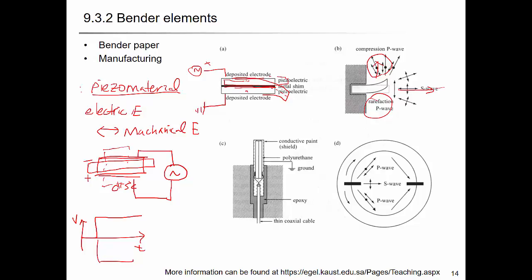So there is some technique necessary to be applicable to the soil specimen, because the soil can be dry and it can be moist, right? So you should isolate this bender element from the moisture. Otherwise, you have a short circuit, right?